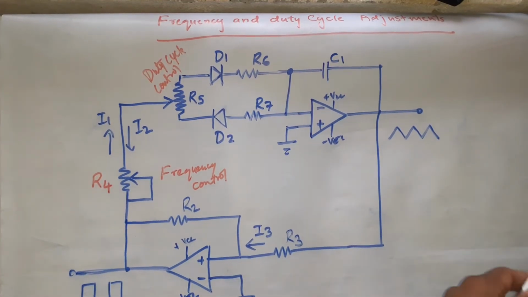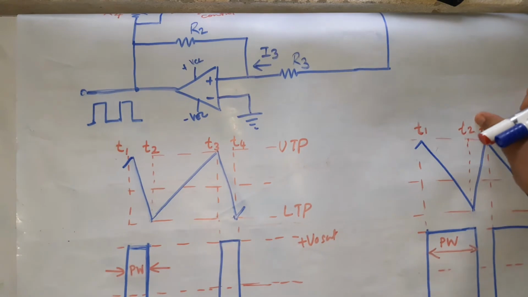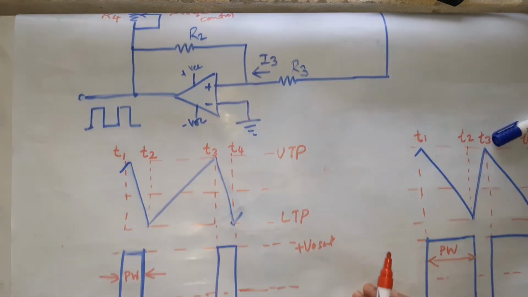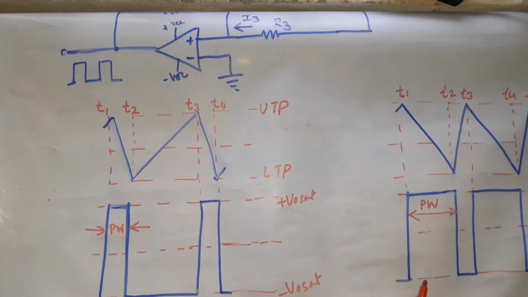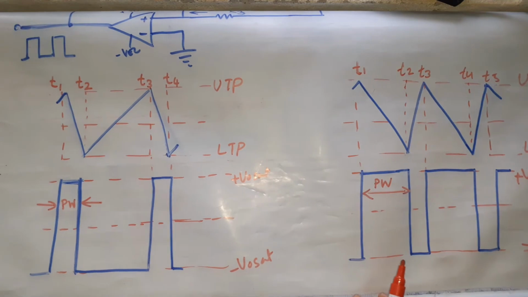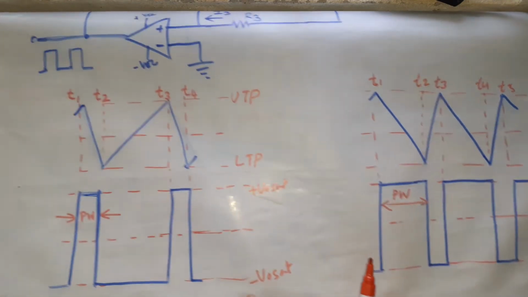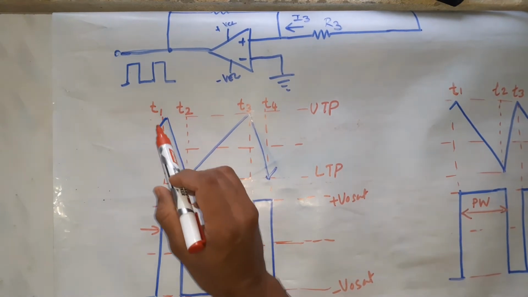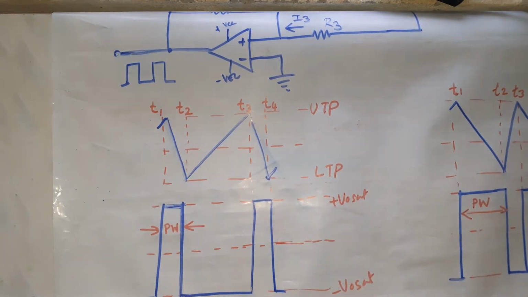Just see now, I have finished my drawings. I had paused the video. Now see here, I have drawn two sets of waveforms. Can you see both of these? The time between T1 and T2, just observe there.